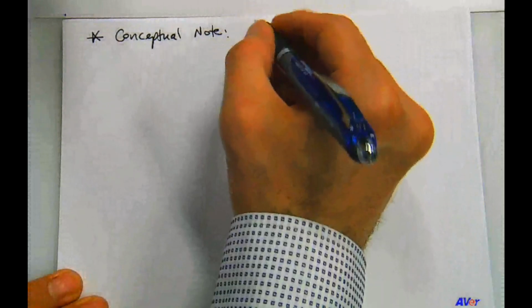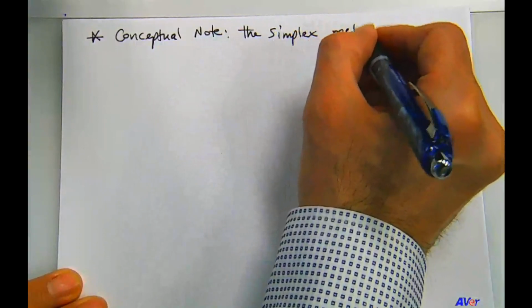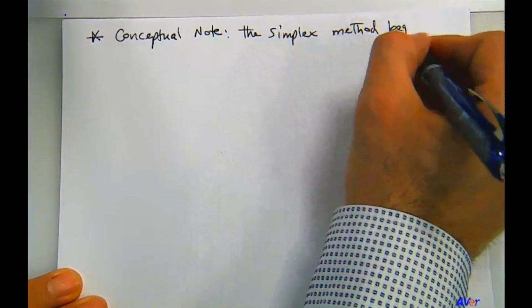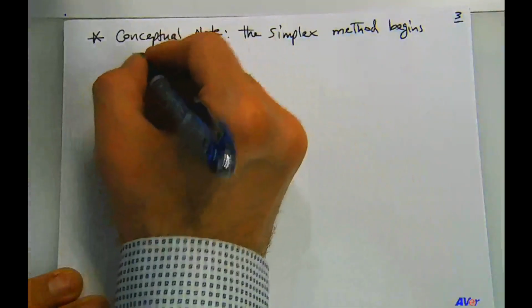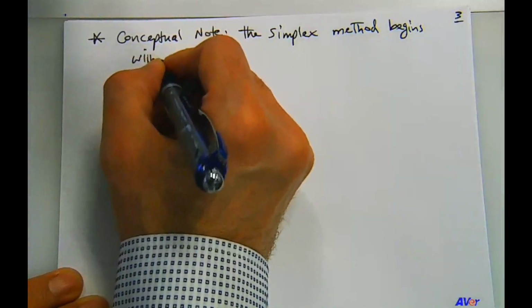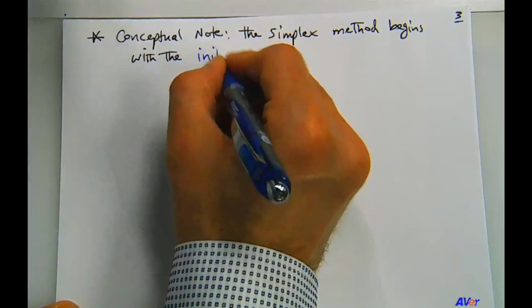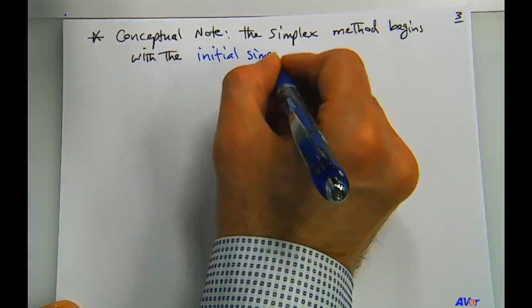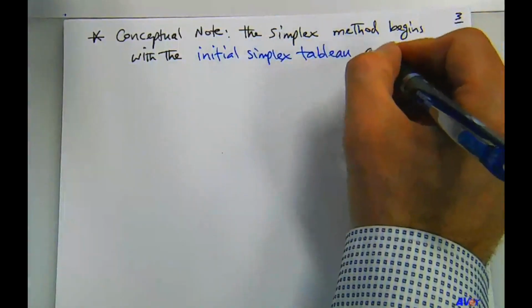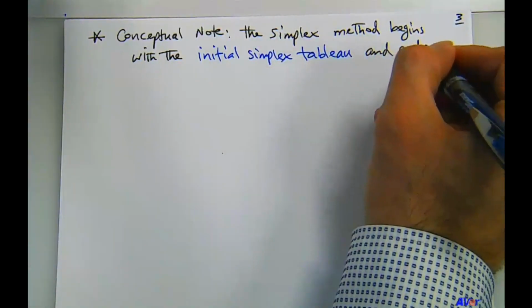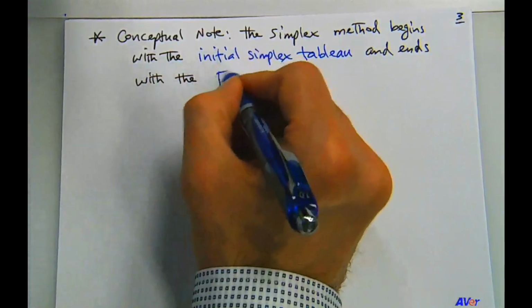The simplex method begins with the initial simplex tableau, and ends with the final tableau.